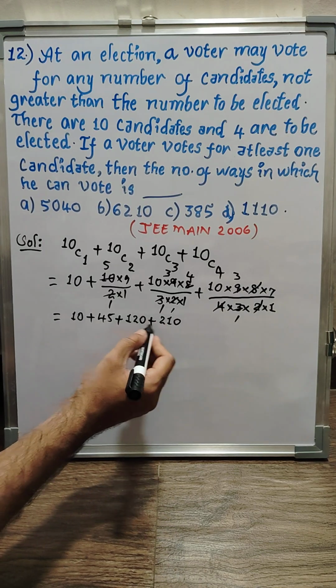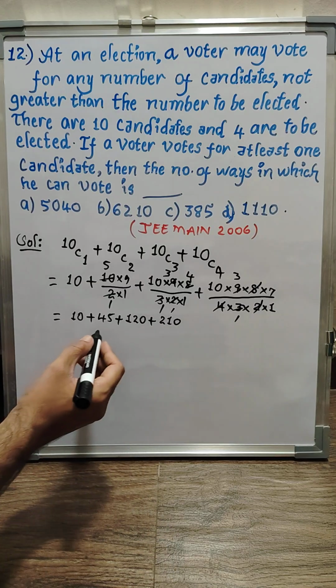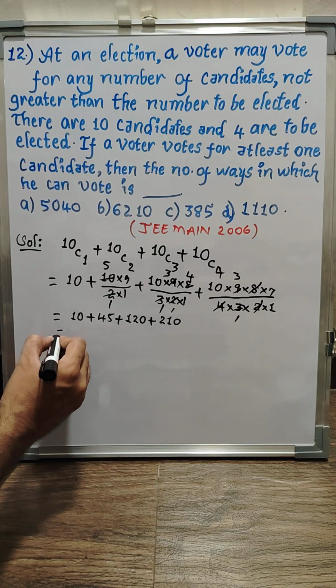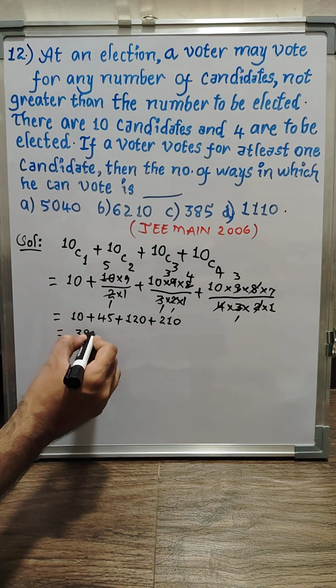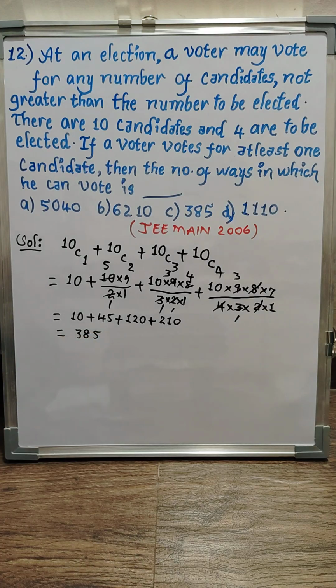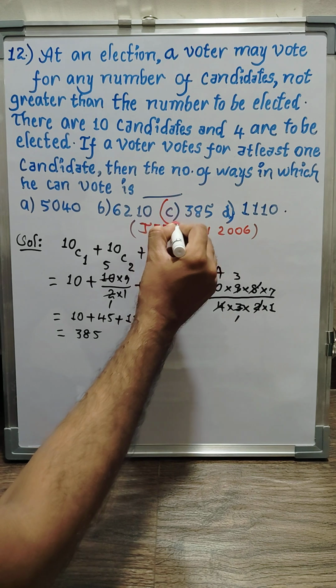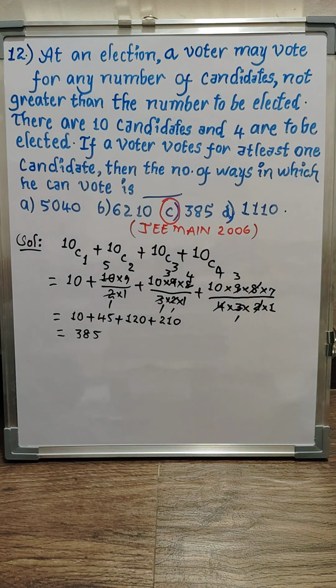So it is 10 plus 45 plus 120 plus 210. In total we are getting 385, which is our third option. The third option is the right option.